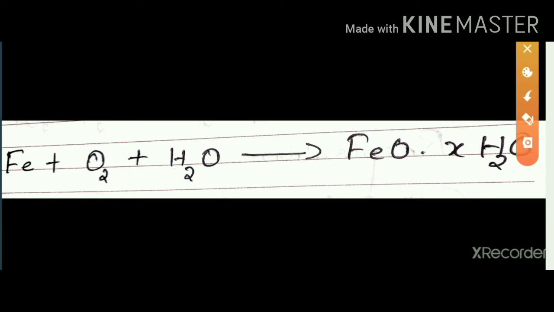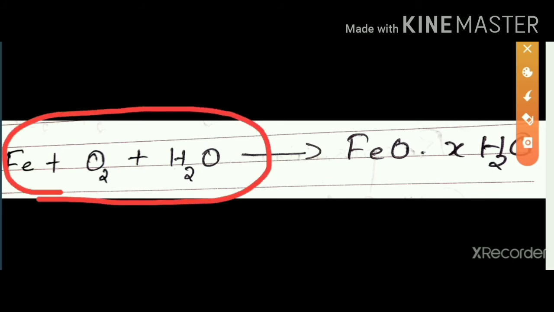This is the reaction of rust formation. Iron reacts with atmospheric oxygen and water and forms hydrated ferric oxide.